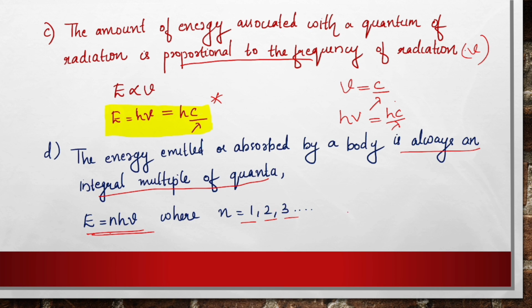It will be h nu, 2h nu, 3h nu, like that the energy will be distributed. These are the assumptions made by Planck in his quantum theory.